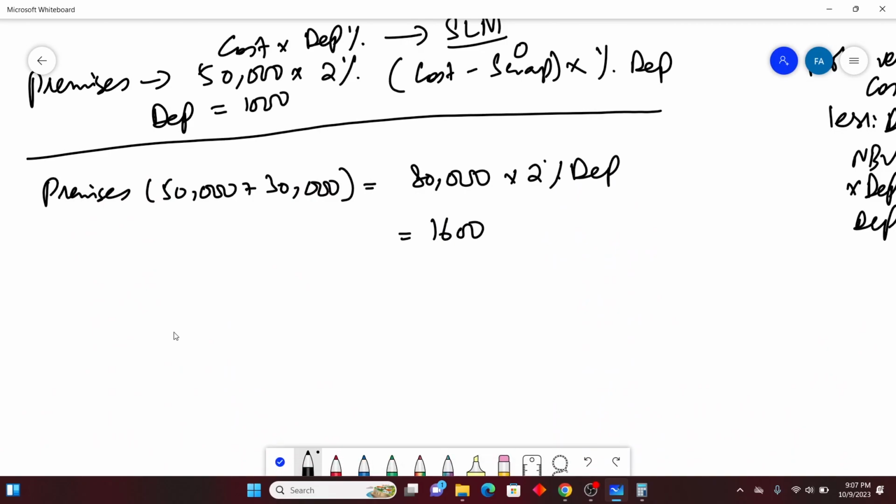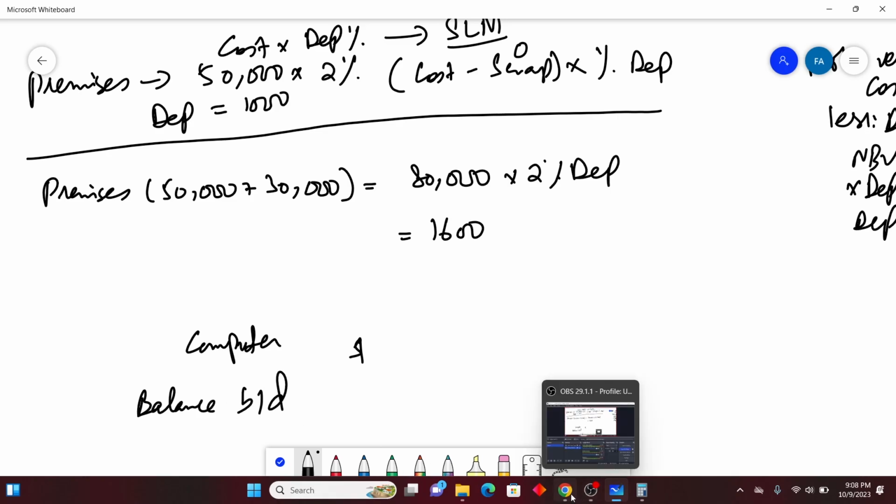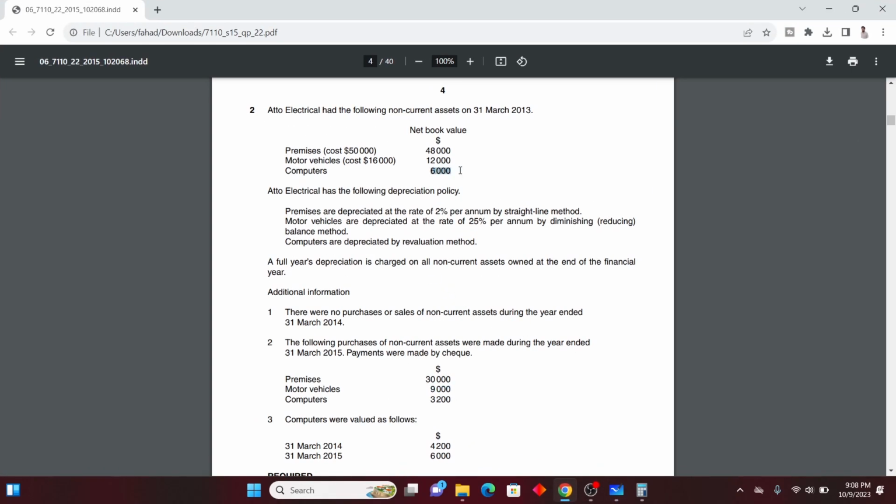So now for the computer, we have to go for the revaluation method. For 2014, always go for the net book value in computer. We already have the net book value, balance BD, which is given in the question. There is only one balance, which is 6,000. According to us, there was no purchase or sale of anything at all, so I don't have to add anything or deduct anything.